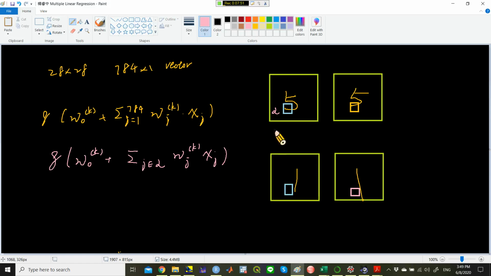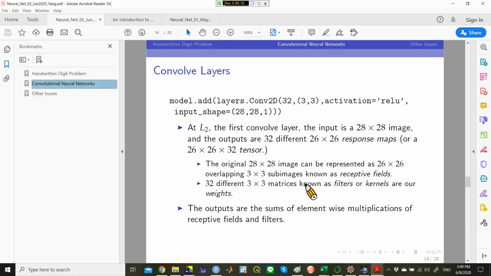The idea is that when we want to do image classification, we want our computer to look at one map by one map, one by one. So at L2, the first convolve layer, the original input is a 28 by 28 image, and our output is a 26 by 26 response map.